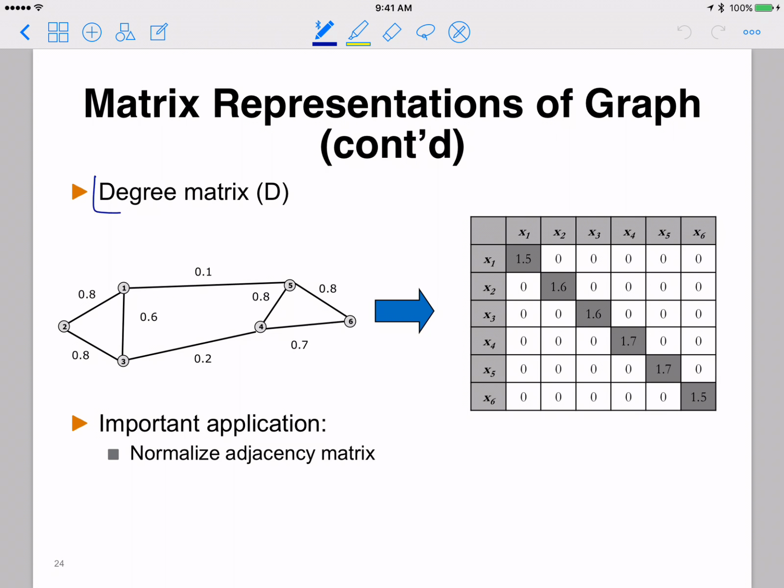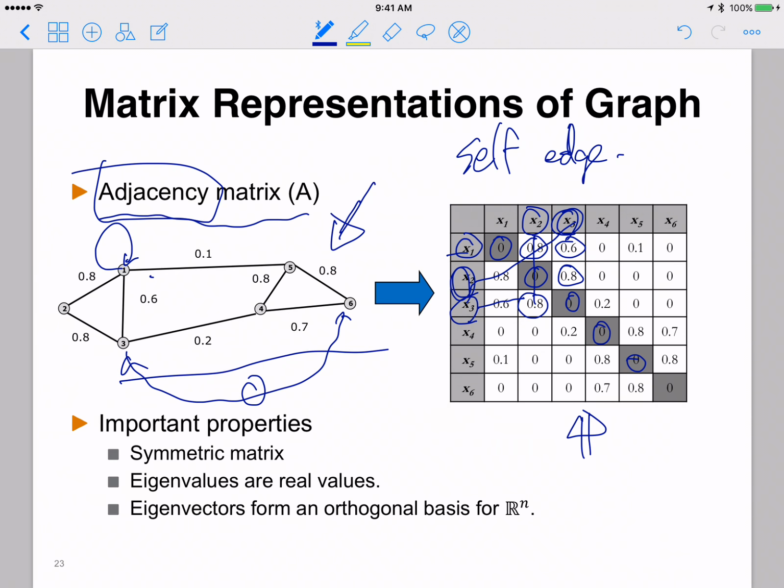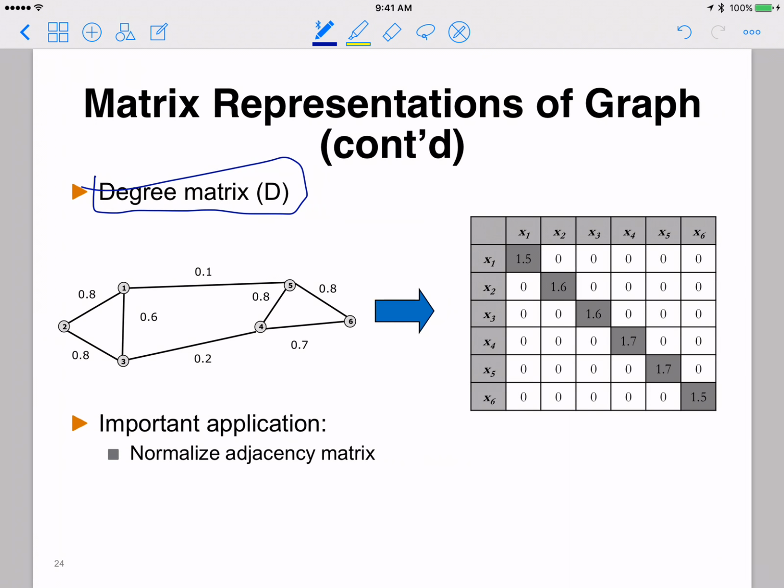And then we can think about an additional matrix, the degree matrix. The degree matrix is simply the sum of either rows or columns, with those values set as the diagonal values in our square matrix. Quite simple, right?